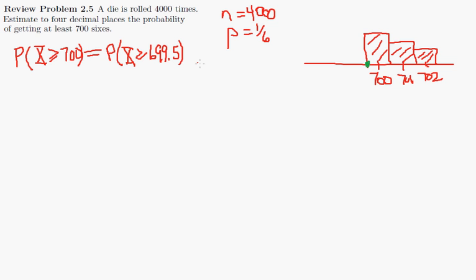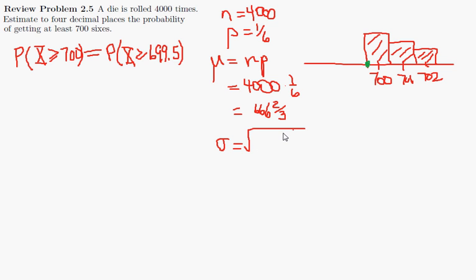Okay, now I need to convert this to standard units. That means I need the mean mu, which is equal to n times p, and in our case 4,000 times a sixth, which works out to be 666 2/3. The other thing we need to convert to standard units is the standard deviation.